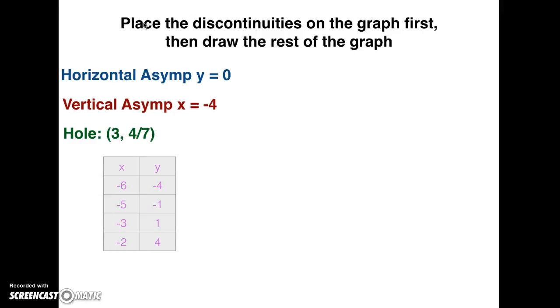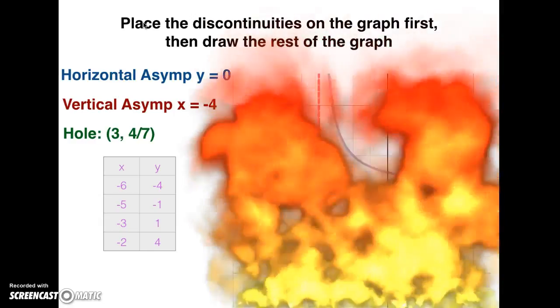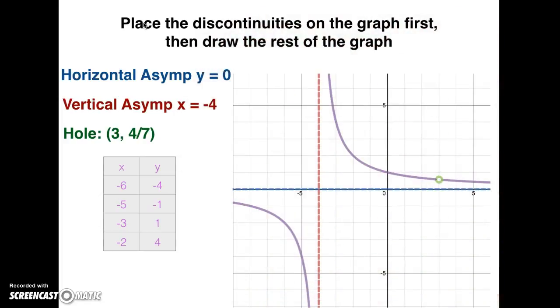So the way this one is different is the asymptotes still work the same, and now we have a hole at 3, 4 over 7. And then you plot your points, connect your graph, make sure you skip over the hole 3, 4 over 7.